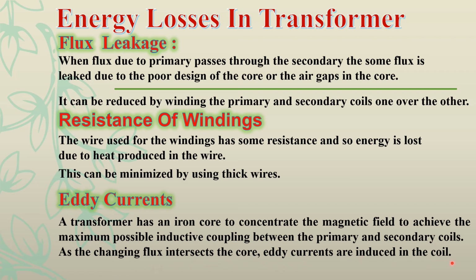We use an iron core to concentrate the magnetic field, and due to the change in flux in the core, eddy currents are produced, and due to that, a heating effect is observed in the iron core that may cause energy loss in the transformer.